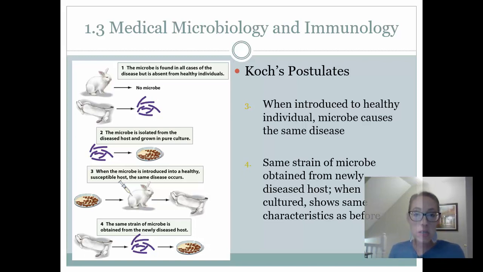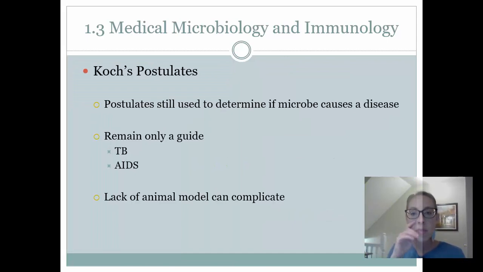So Koch's postulates are still really important, but we do recognize that there are some limitations. There are times where we have to use Koch's postulates as a guide rather than a hard set of rules and steps that we're going to follow. So, some exceptions to these Koch's postulates: tuberculosis in humans is actually an example where in some humans, so TB is a disease that is characterized by difficulty breathing, coughing fits.